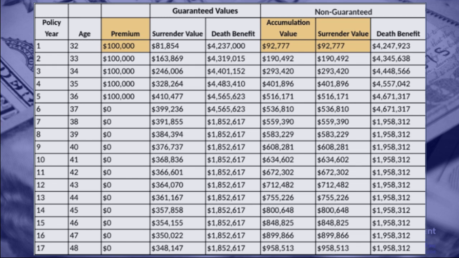So if you direct your attention to the cells that I've got highlighted in orange, you can see the premium of $100,000, and off to the side of that you can see the accumulation value and the surrender value. And you'll notice that both of those are $92,777. So almost $93,000 of cash value from the $100,000.